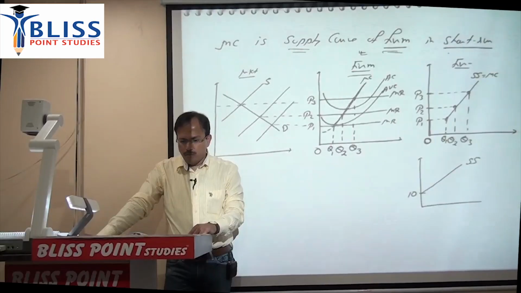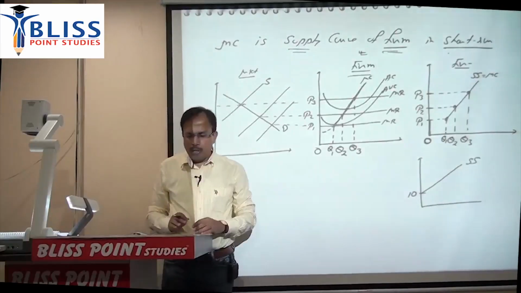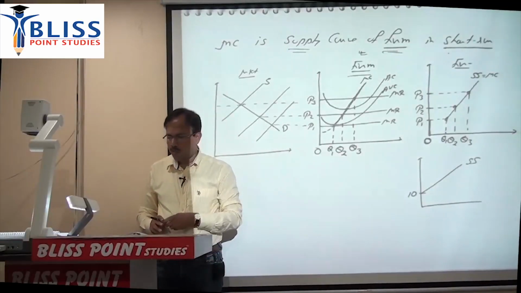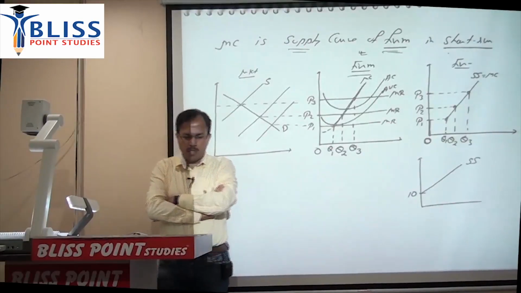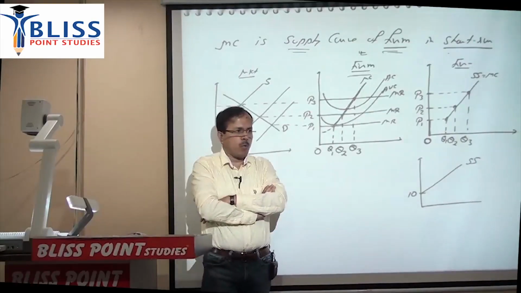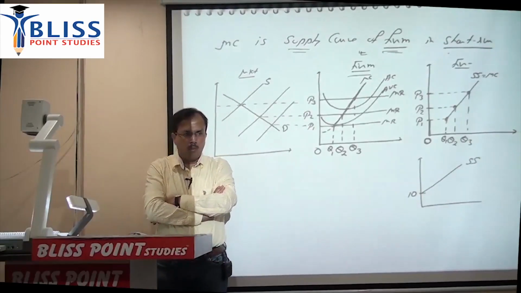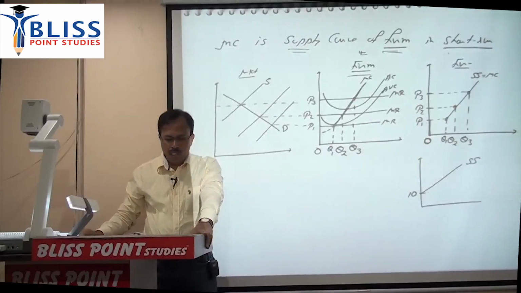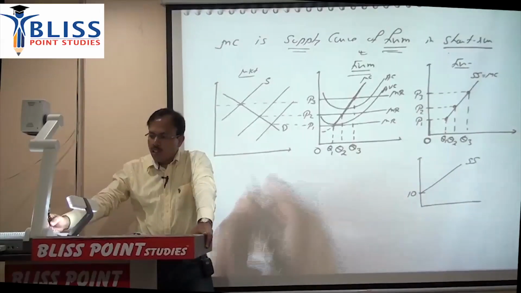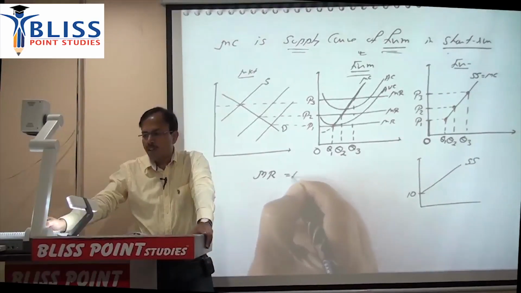This is because a competitive firm always produces that much output where price is equal to marginal cost. एक्चुअल में आप लिखते ये हो, firm will always produce that much output where MR is equal to MC.